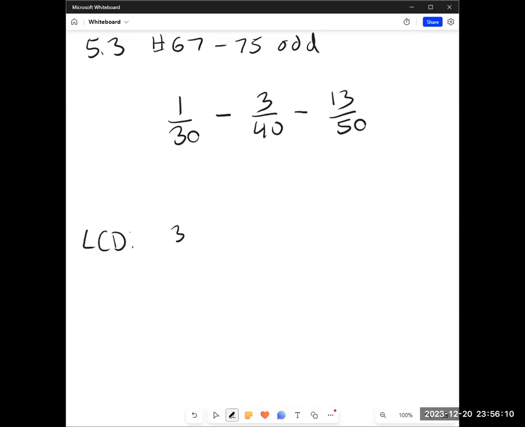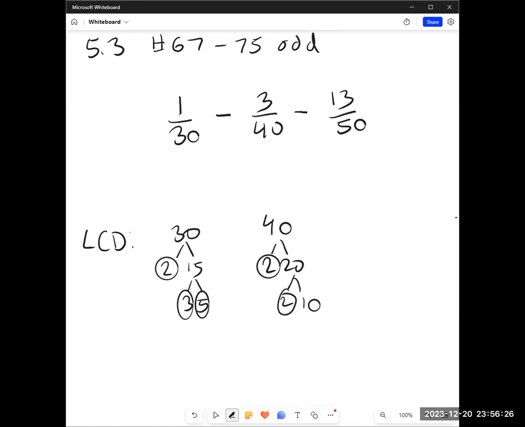So let's look at 30, which is 2 times 15. 15 is 3 times 5. There's my prime numbers. 40 is 2 times 20, which is 2 times 10, which is 2 times 5. And 50 is 2 times 25, which is 5 times 5.